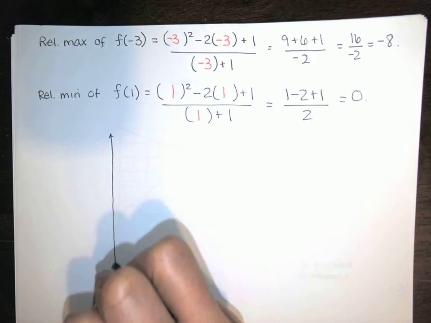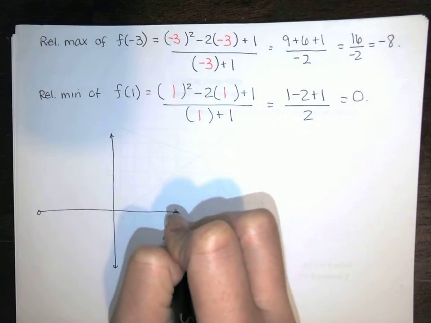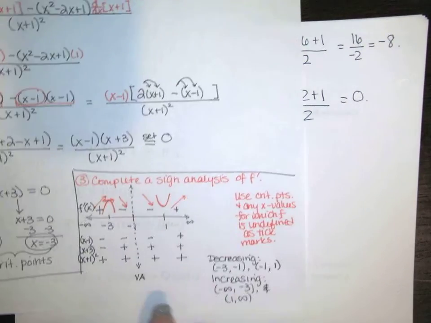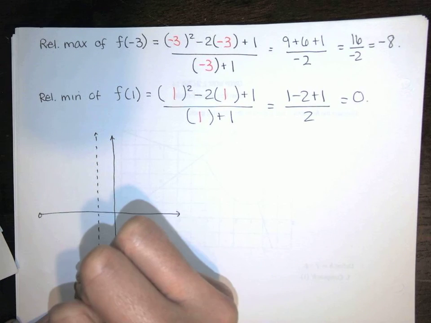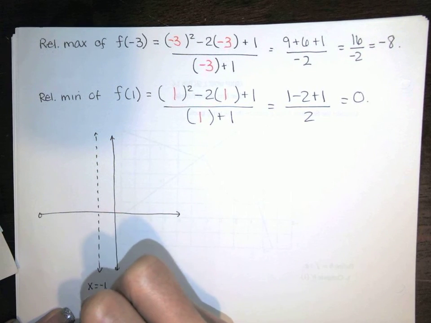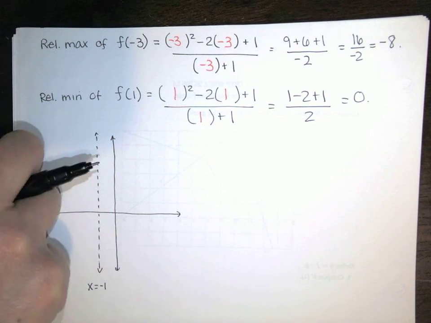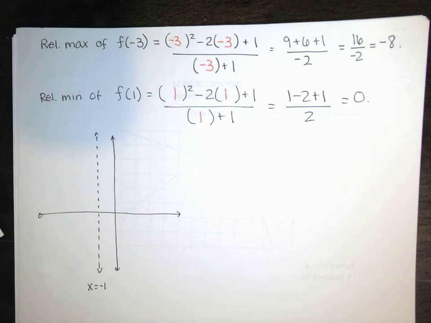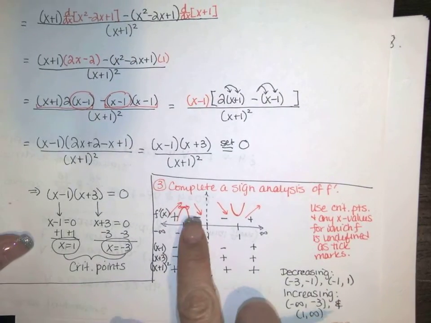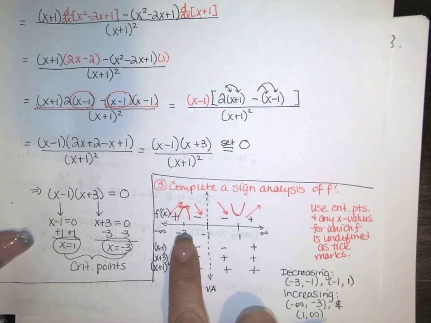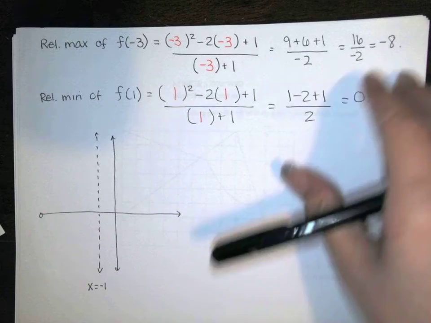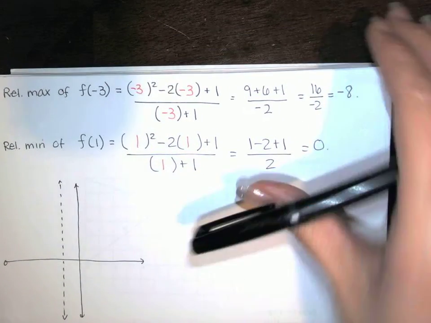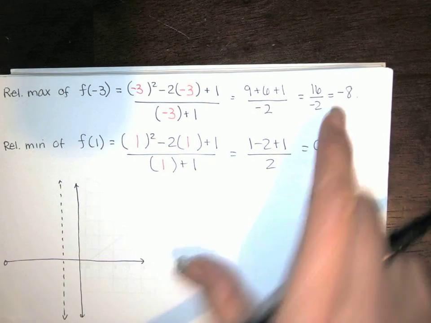Well, what do we know? Well, we know we've got an asymptote at x equals -1. And we know that we have a relative max at x equals -3, and that maximum value is -8.